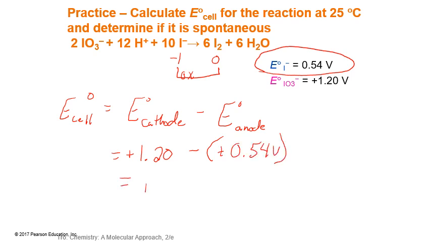And so we end up with an overall cell potential of positive 0.66 volts. Because this is a positive value, that means that this will be a spontaneous reaction. So it would be a Voltaic cell.